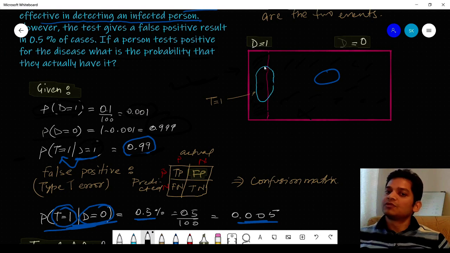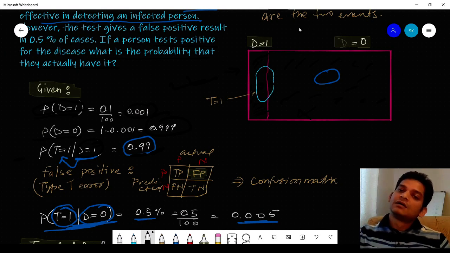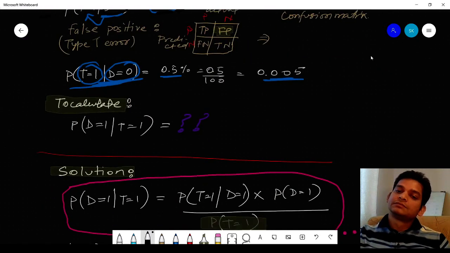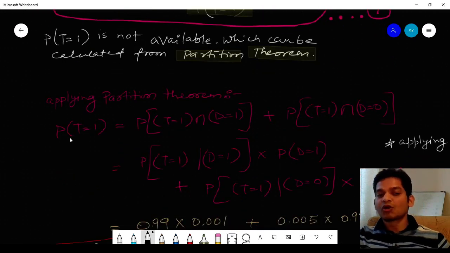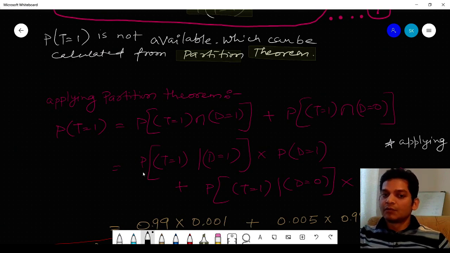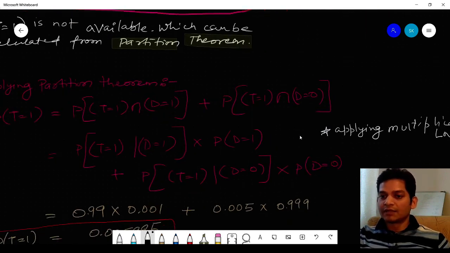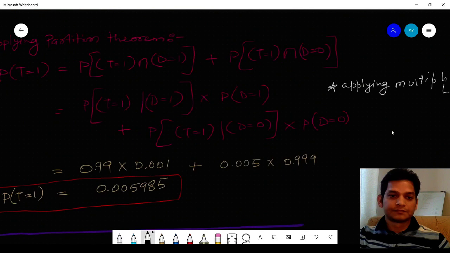If we add both of them, it will give us the probability of the test being positive. So this area plus this area, and we decompose it through the multiplication law, simply applying the multiplication law.